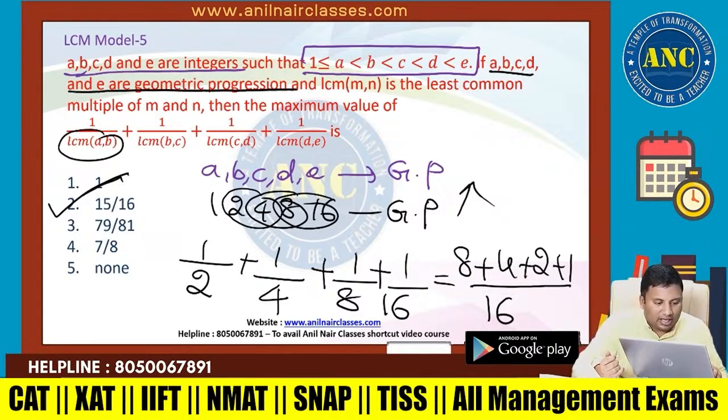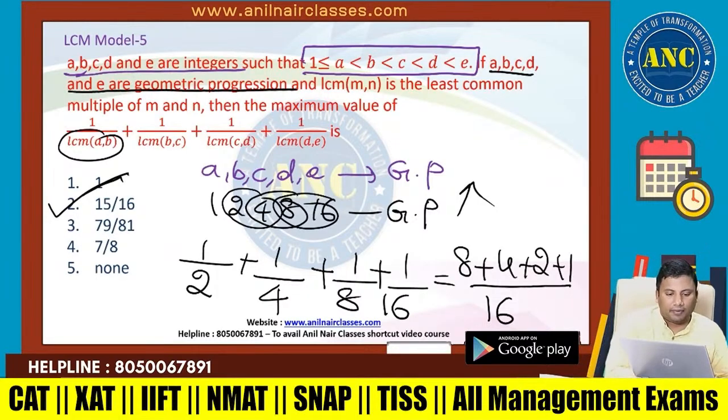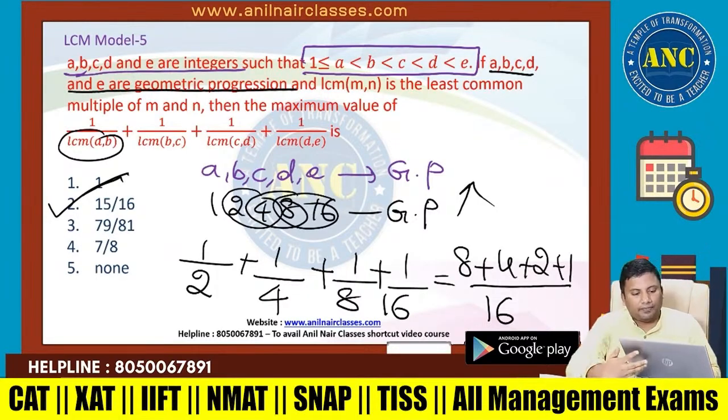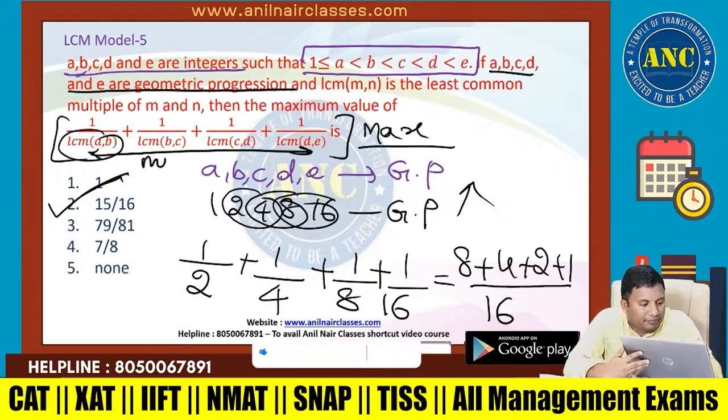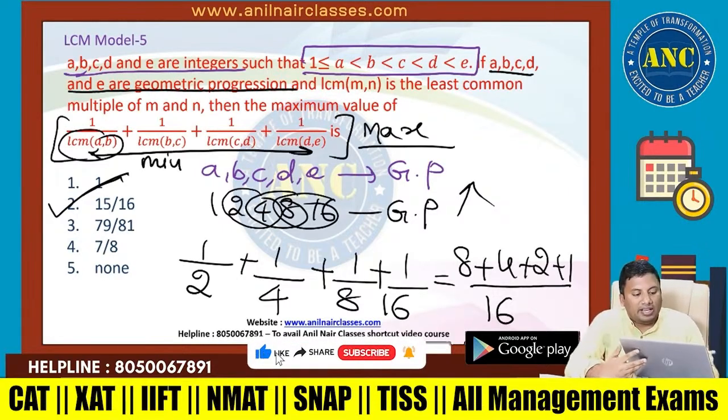I hope it is clear, right? Next one. Now see, this entire value should be maximum. If this value is maximum, this entire value should be minimum. Because it is minimum, I took the lowest value.